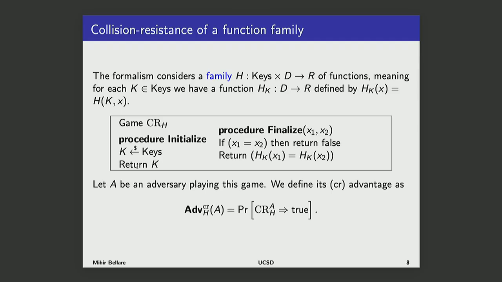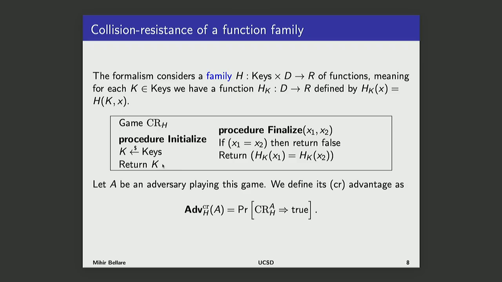But here, this return statement says, having chosen the key at random, I'm going to actually hand it over to the adversary. So your adversary upfront knows what the key is. There would be no point talking about key recovery security here. You're giving it the key.